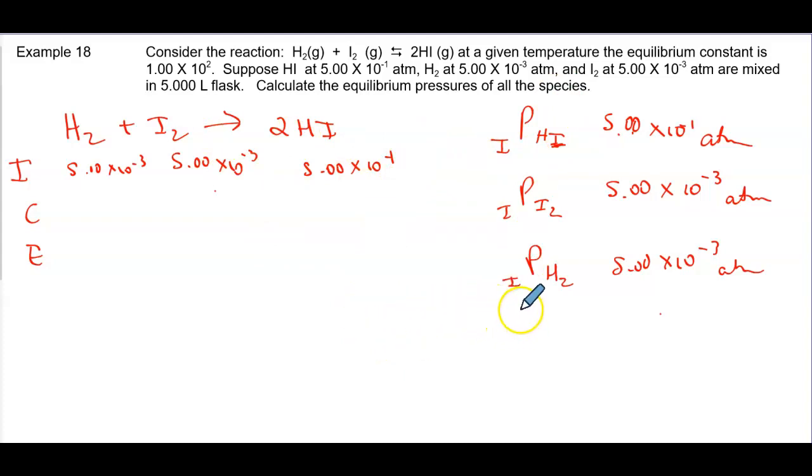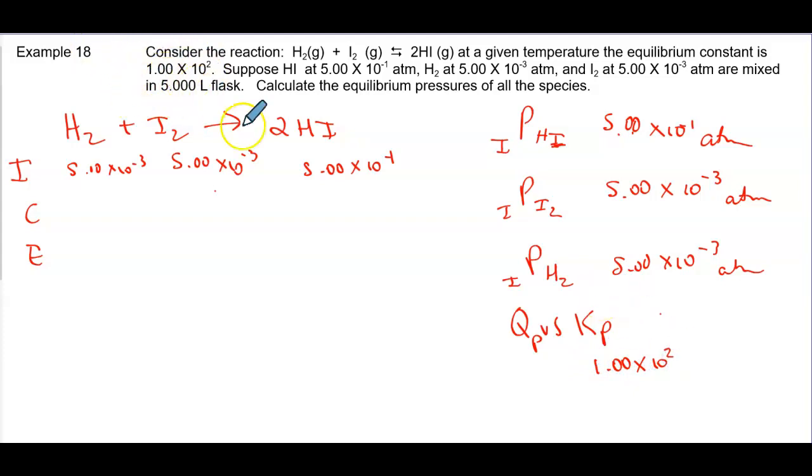To establish direction, we always have to do Q versus K, or in this case, QP versus KP. Remember that P just means pressure units, and without the P means we're using concentrations. So we have a K given to us as 1.00 times 10 to the second, right here.